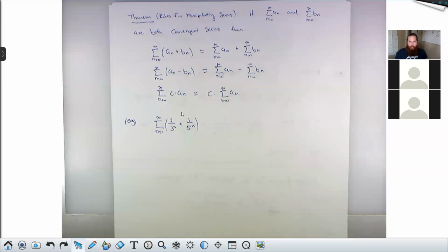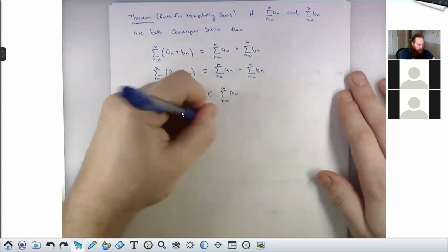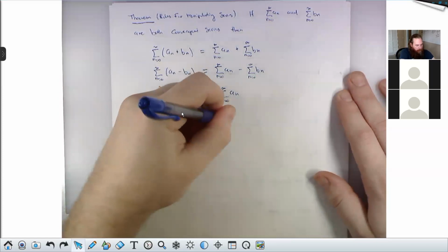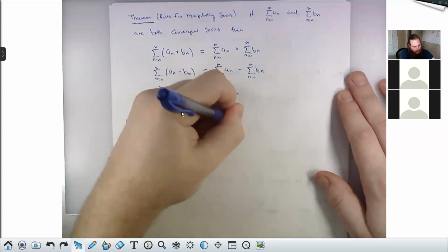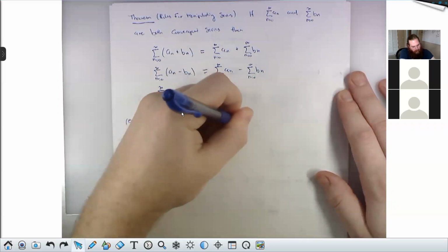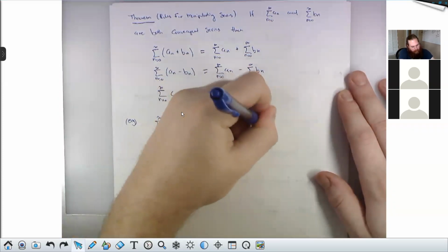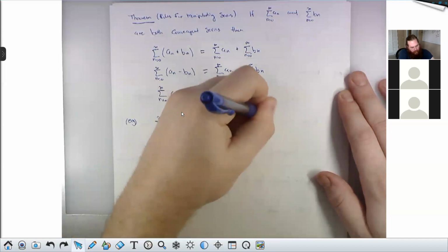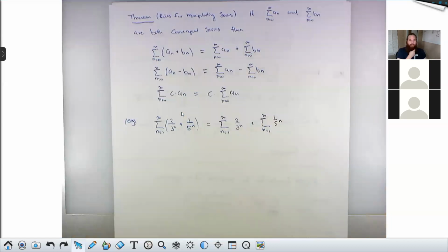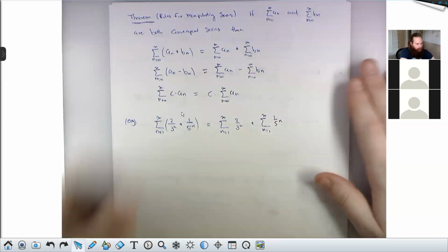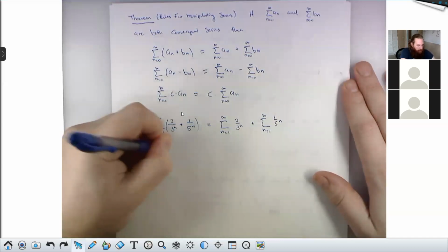In fact, the rules for splitting up series are the exact same rules as the rules for splitting up integrals. They play nice with addition, subtraction, and constant multiples. They do not play nice with multiplication or division. So first I could split it up like this. And then that first guy, I can pop the 2 out.